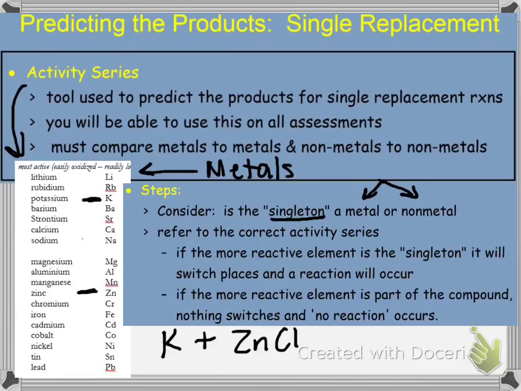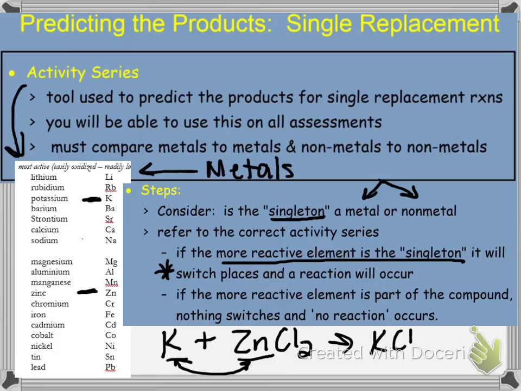That means it's more reactive, and it's the singleton. The switch is going to occur. So they're going to trade places, just to put our correct formula there, which would mean I would make KCl, and then zinc would be all by itself. To fully balance then, I'd have 2 of those and 2 of those.